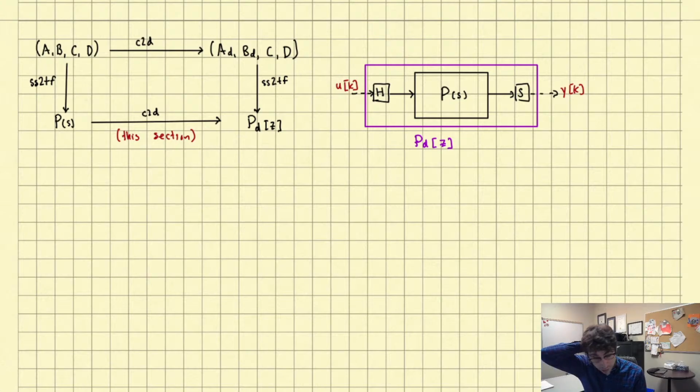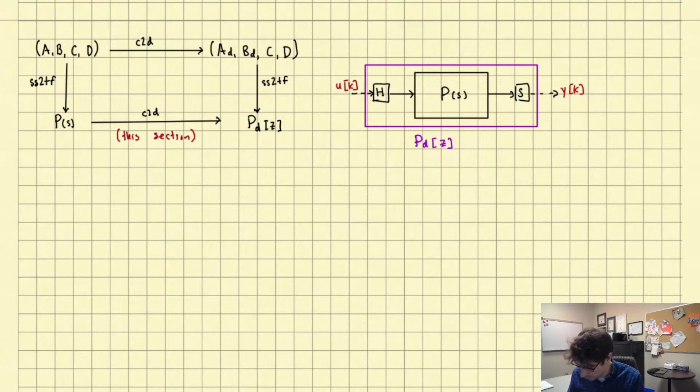So the first observation we're going to make is that this is a linear time invariant system. It's LTI. So the ratio of the Z transform of the output over the Z transform of the input is going to be the same no matter which input-output pair we pick.